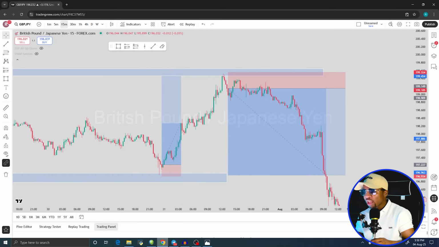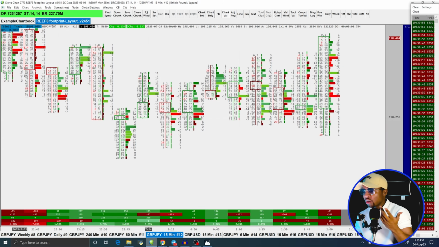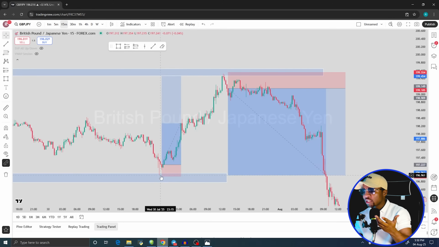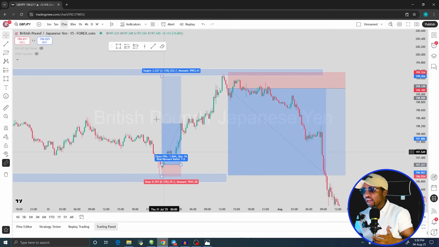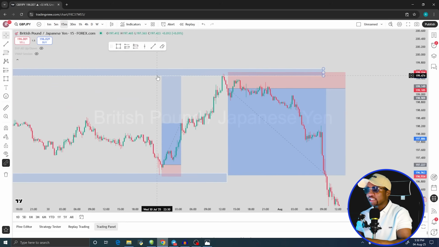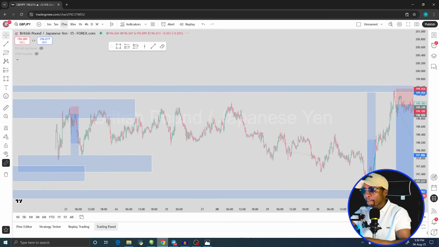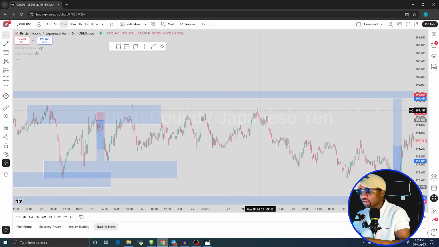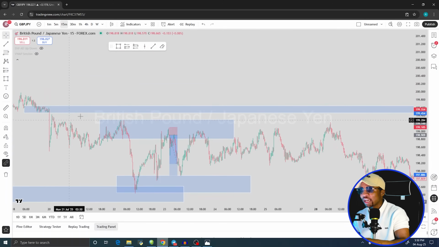So after we got this delta surge, we bought right here, stop loss slightly below here, and then we targeted this place right here because there was lots of liquidity here, lots of equal highs with liquidity.